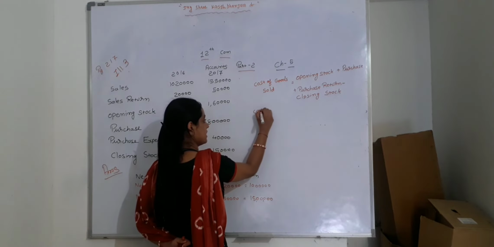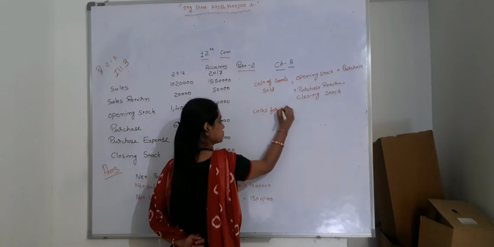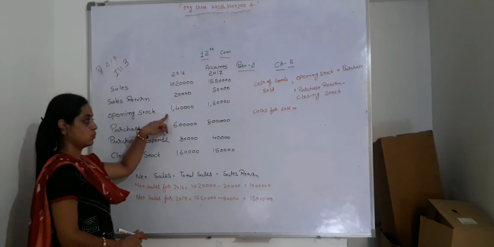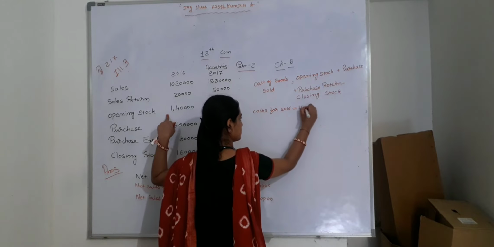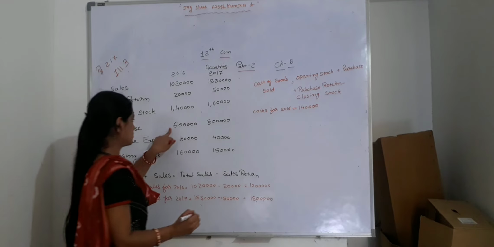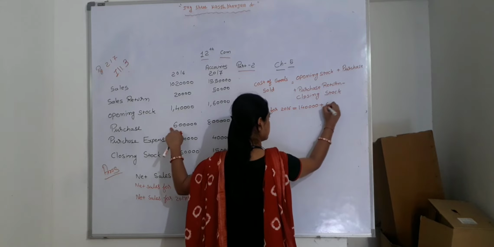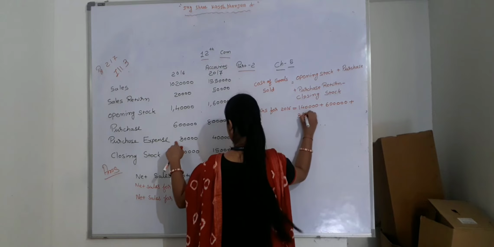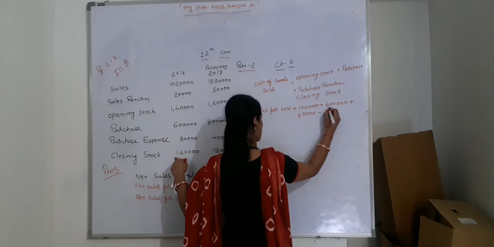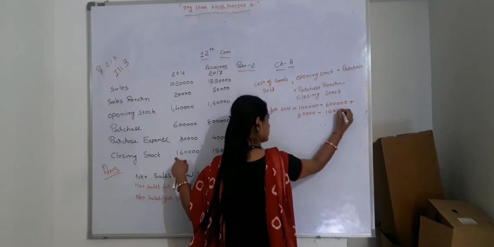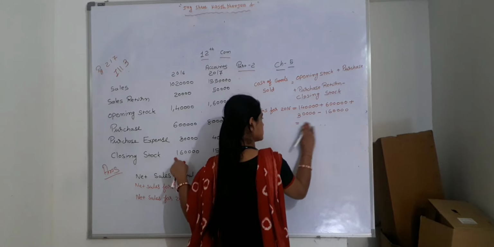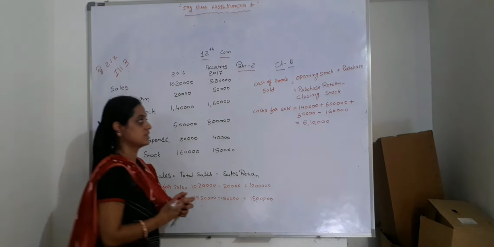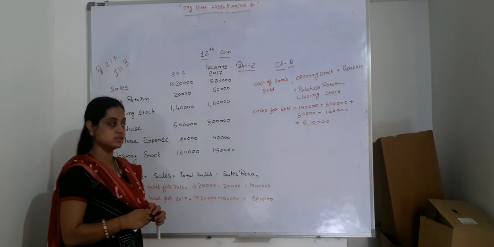So COGS for 2016: opening stock is 1,40,000, purchase 6 lakh, purchase expense 30,000, minus 1,60,000. That means COGS is 6,10,000.